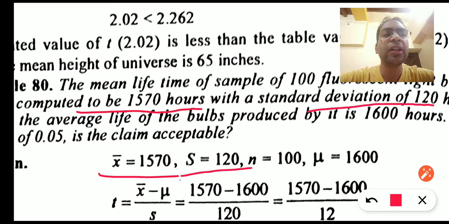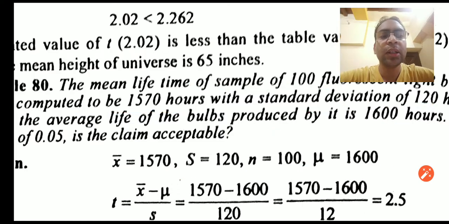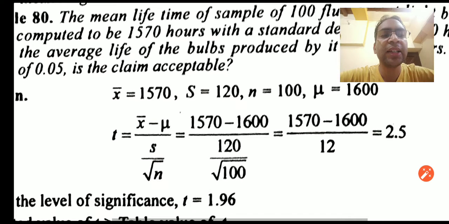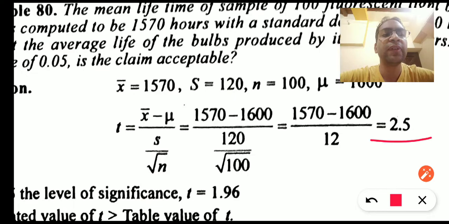This is the standard deviation given in the question. Sample size n is given as 100, and the mean of the universe is 1600. So all the values are easily identified. We had seen the values and we had calculated the value of t as 2.5.